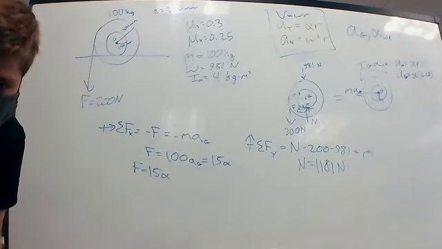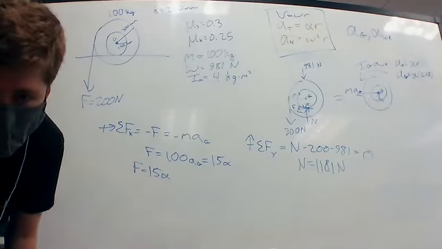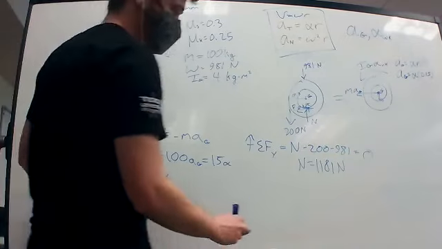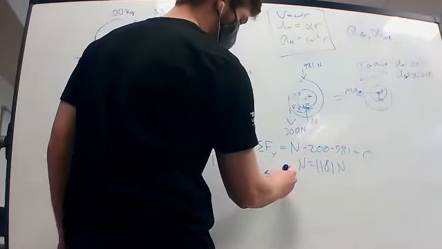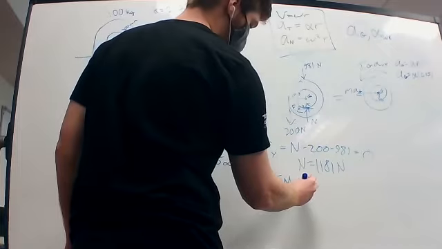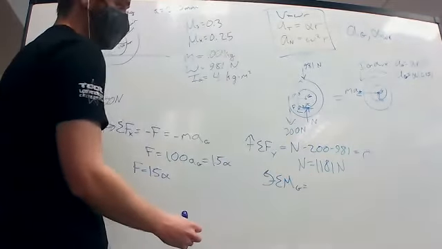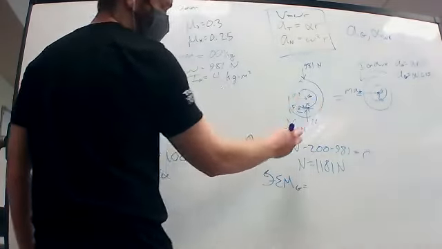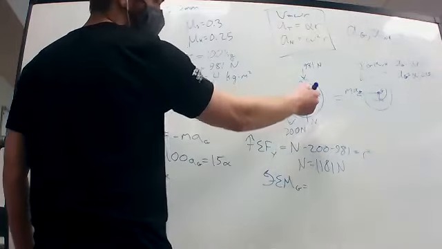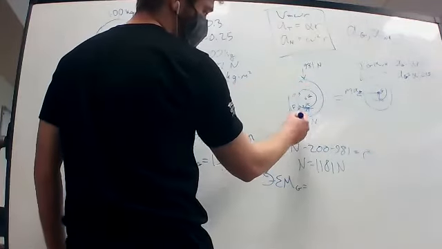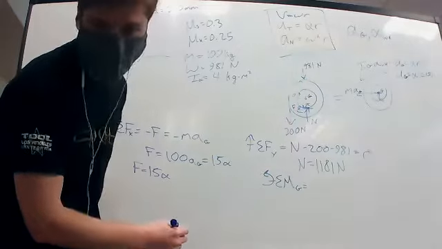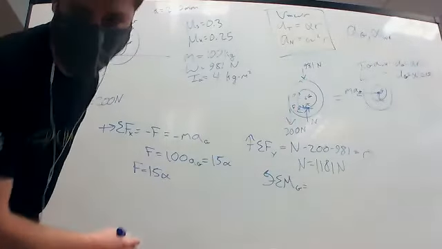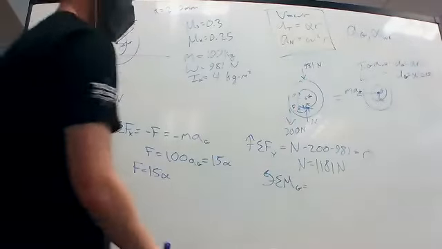And then they do the sum of the moments counterclockwise about G. So they do take it from the center. So your normal force and weight go away, but we do still have our 200 times 0.3.